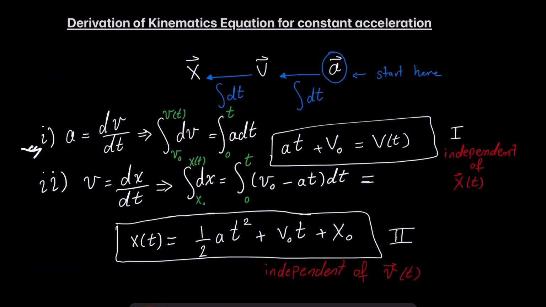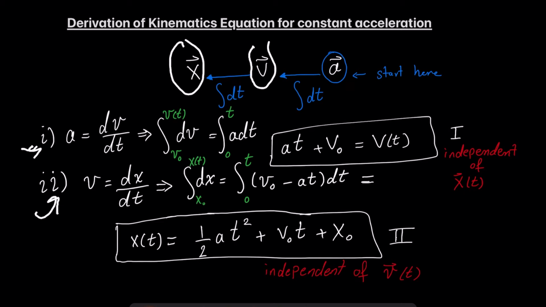The second equation is going to be when we go from the middle link v to x by taking the integral of v with respect to t. Here we did this as a definite integral, and we cross-multiplied as before, v equals dx dt. For v, we're going to plug in the v we found in step 1, equation 1.